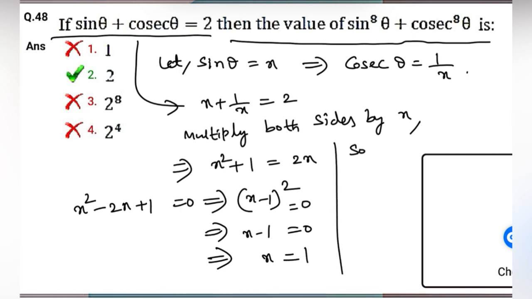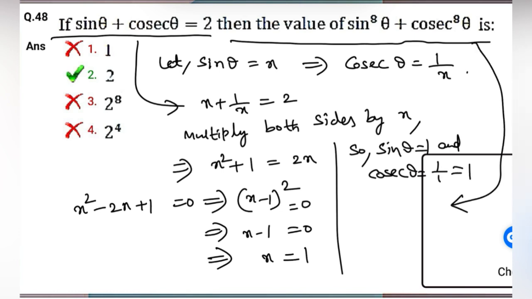So sin theta is equal to 1 and cosecant theta is equal to 1 by 1, which is equal to 1. So this equation can be written as 1 power 8 plus 1 power 8, which is equal to 1 plus 1, that is 2. So the answer is option number 2.